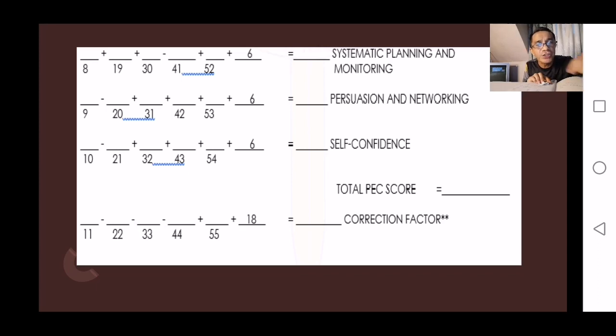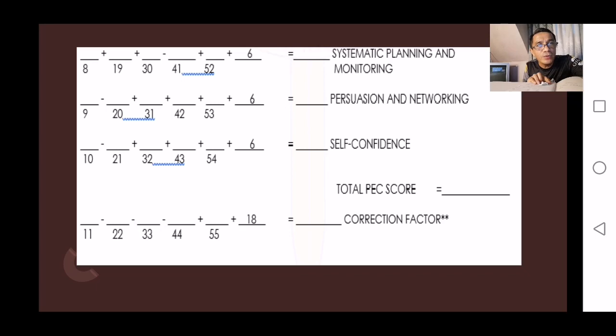After doing each PEC, you now add your 10 PECs. And that will give you your total PEC score that you find dun sa medyo lower right nito slide na to. You find there, diba? Total PEC score is equal to. So, saan mo kukunin yung total PEC score? Diba? 10 yung nakita.